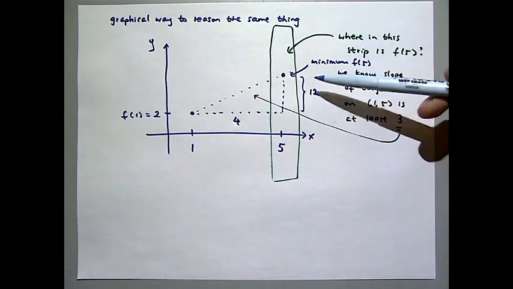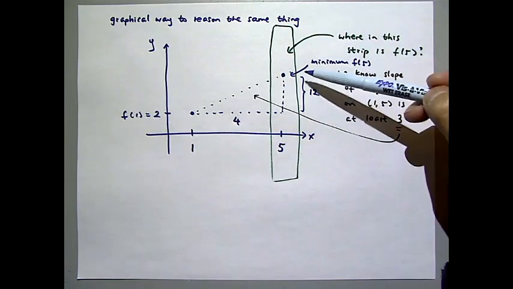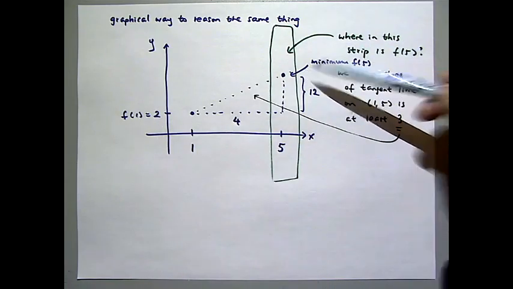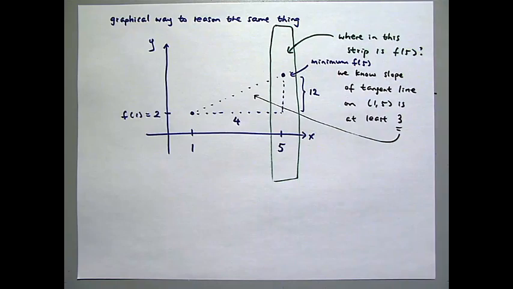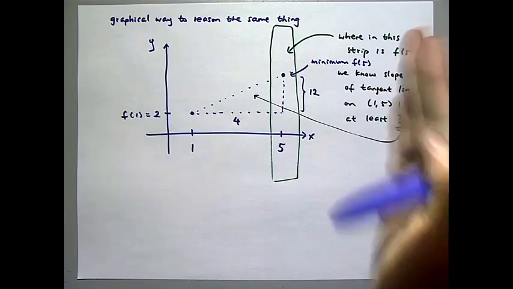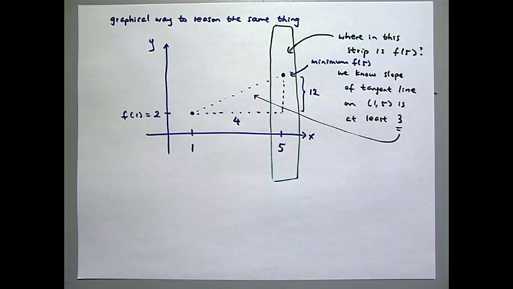If you know this is 12, this is 2, then this guy must be 14. So that's how we can reason the same thing graphically. We're using exactly the same concept that the mean value theorem is saying. Conversely, you can say that this is what the mean value theorem is saying in words, but these two go hand in hand. They're two sides of the same coin. So from here we can still see it's equal to 14.